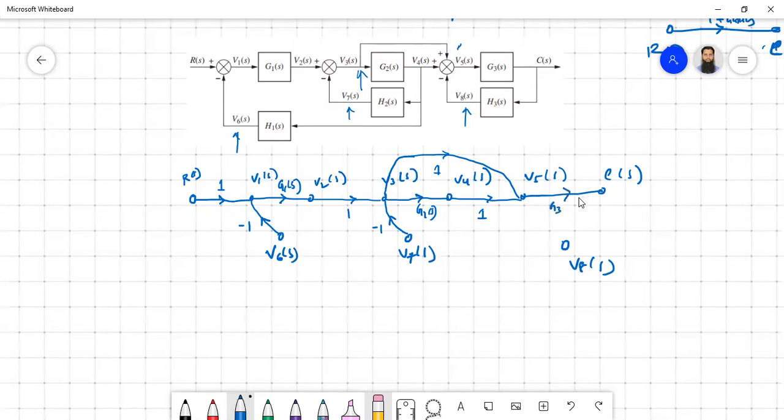So this is your G3. And from output C to V8, we actually have H3, H3S, and then to this summing junction, V5 actually, we have a negative value, negative feedback, -1.